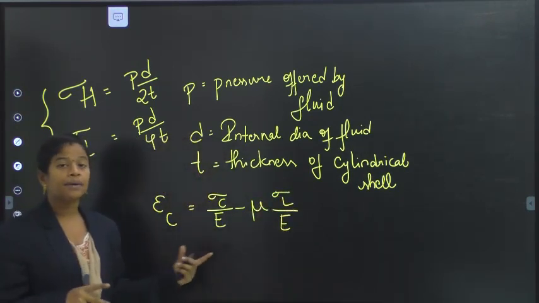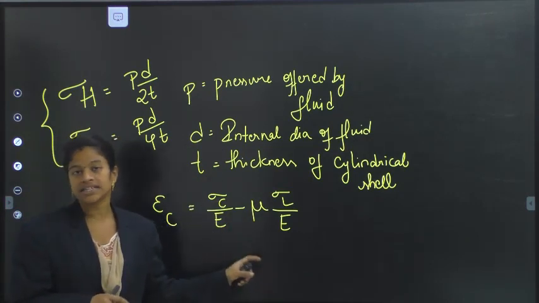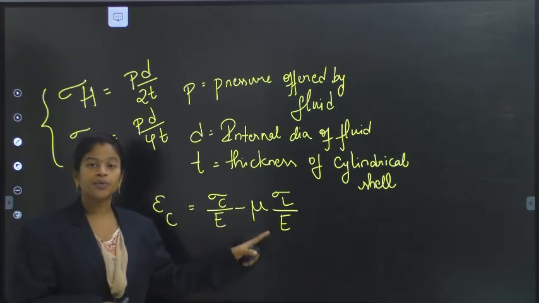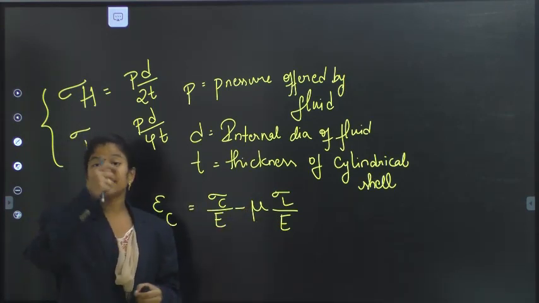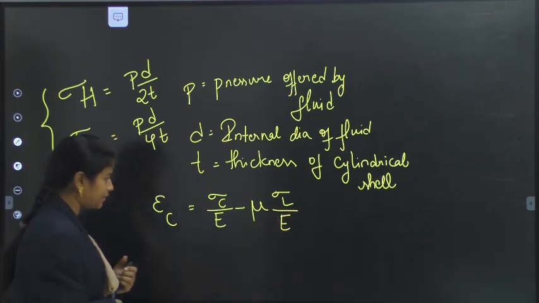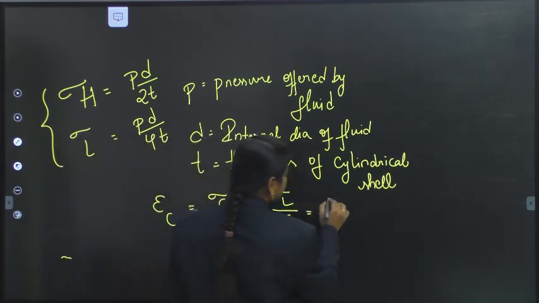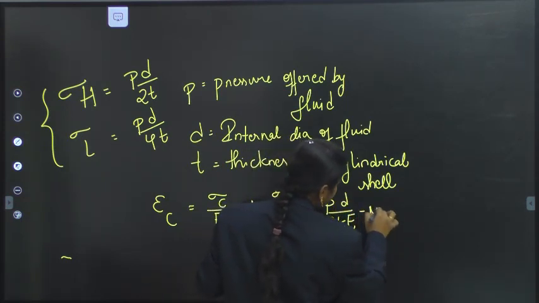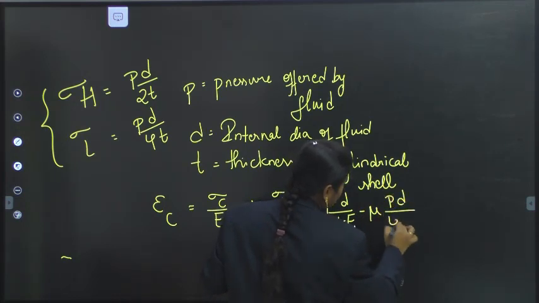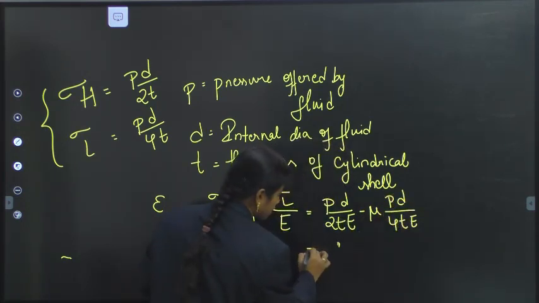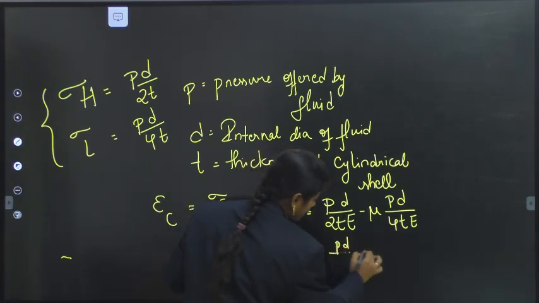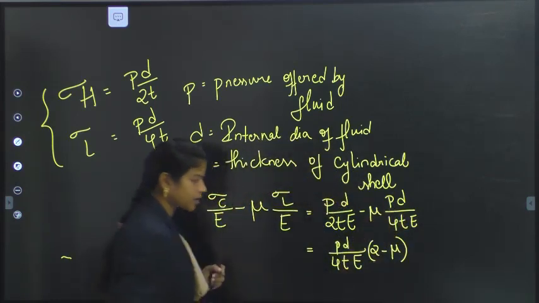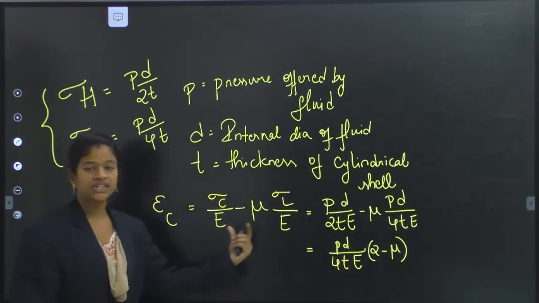As two mutually perpendicular stresses are acting at a time on the cylinder, there is strain corresponding to one directional stress and strain corresponding to the stress in the other direction. That's why minus mu times sigma L by E. From this you can generate PD by 2TE minus mu times PD by 4TE. When you separate PD by 4TE, 2 minus mu will come. So this is the generation of the circumferential strain.